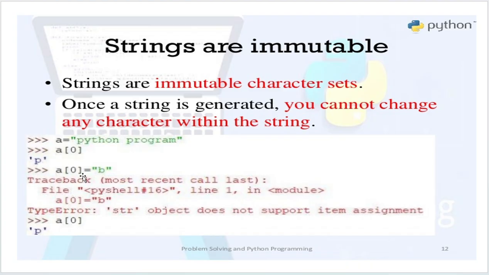And if you want to assign a new character to the existing index, it is not possible, because strings are immutable. You cannot change anything. If you try to edit anything, you'll encounter a TypeError, where the string object does not support item assignment, which means that once it is created, you cannot alter or update anything.